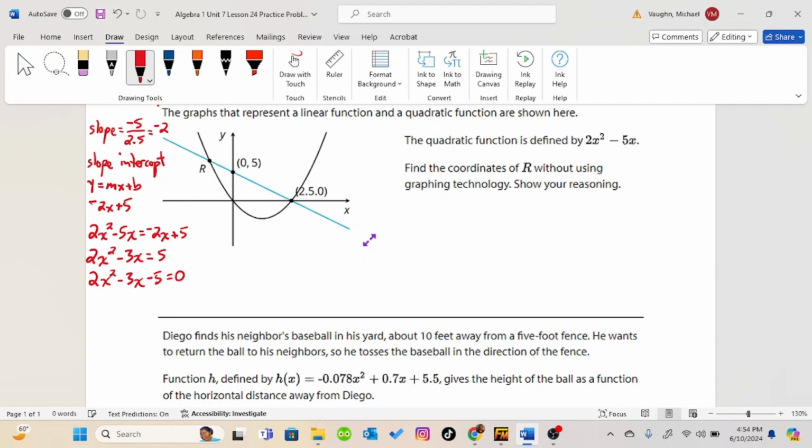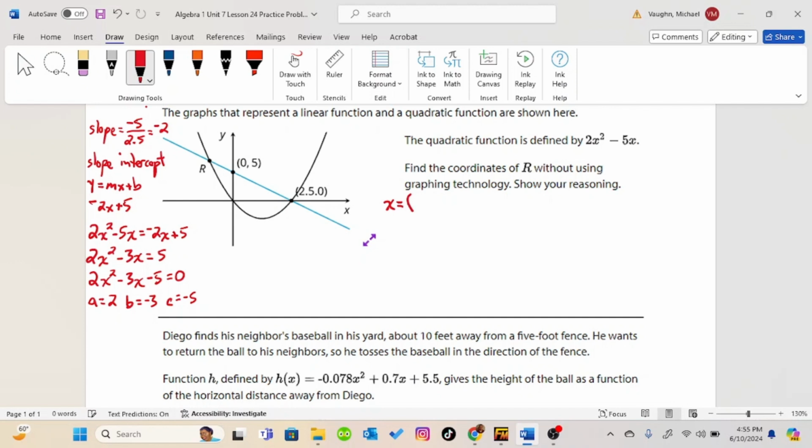Now I can identify A, B, and C. A equals 2, B equals negative 3, and C equals negative 5. Now we're going to put these into the quadratic formula.